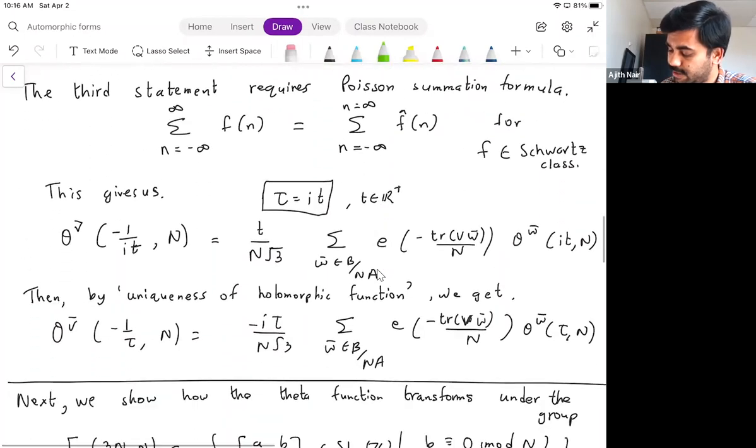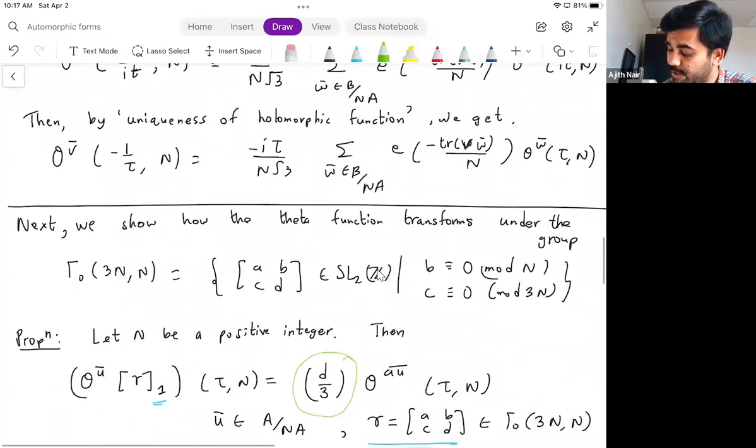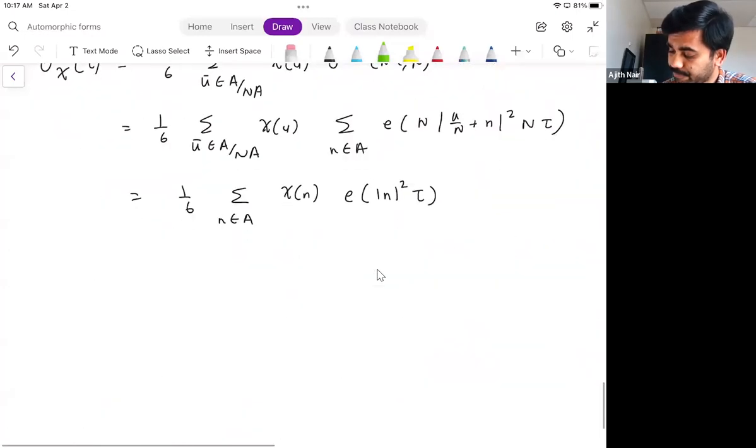Now instead of summing over all integers, we are summing over this ring, n belongs to A, of chi of n e to the power absolute value n squared tau. So this tells us that this is a generalization of the classical function, and this also allows you to get the Fourier coefficients.